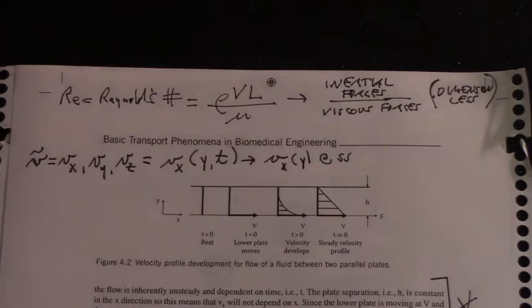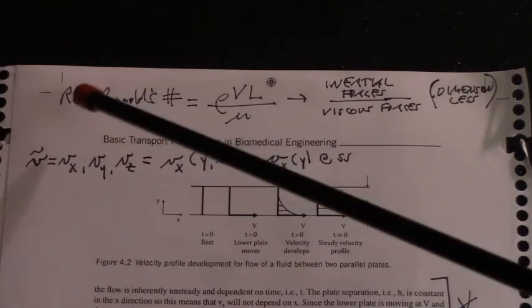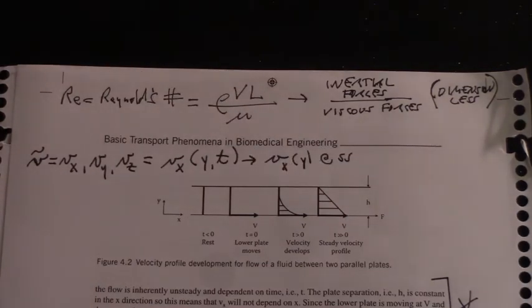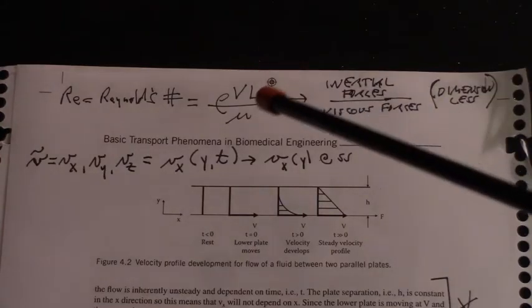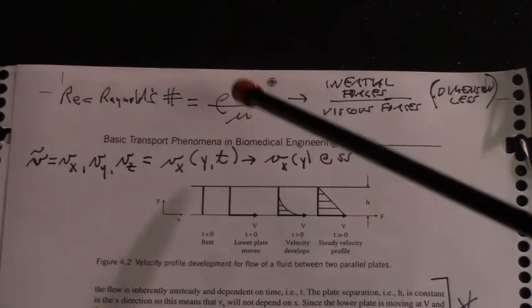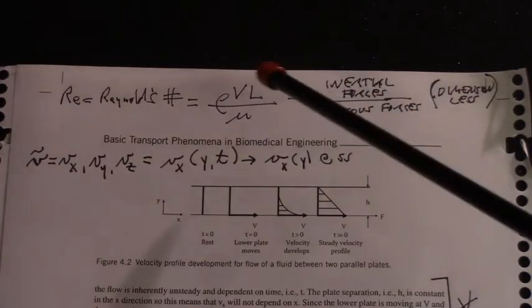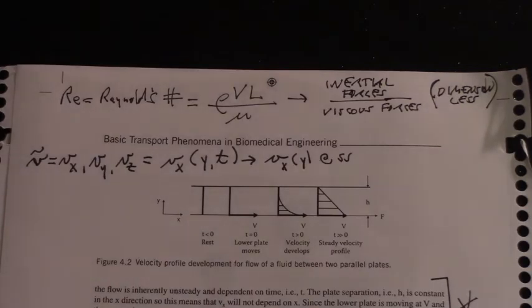One of the most important numbers in fluid mechanics is called the Reynolds number, which we abbreviate by Re. It's named after Reynolds, who was a great fluid mechanics guy, and they honor him with this number. The way we calculate it is you take the fluid density times the average or reference velocity of the fluid, which you would know as the engineer, and multiply it by a characteristic dimension, some dimension that defines in a characteristic way the size of the system being analyzed.